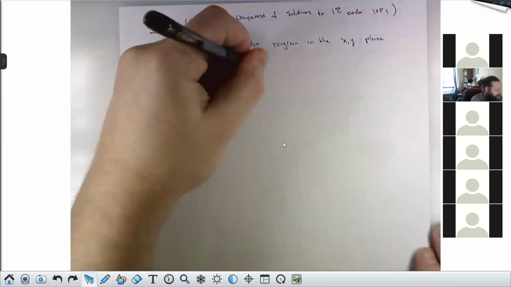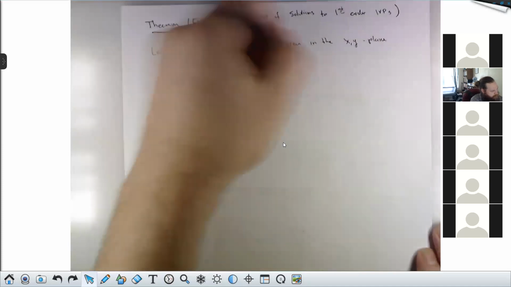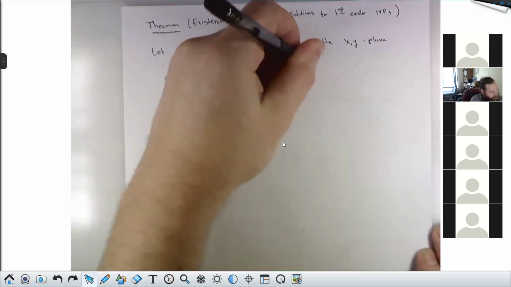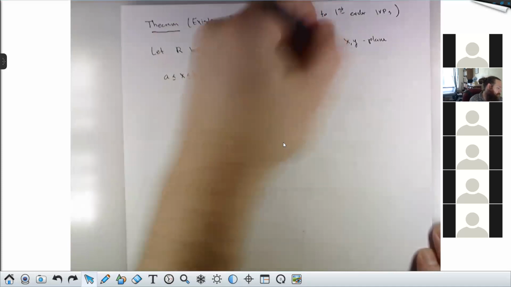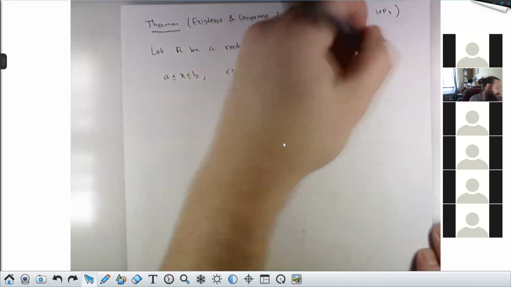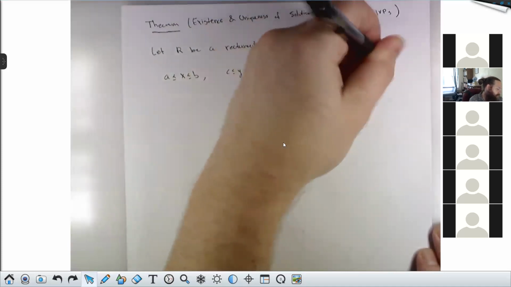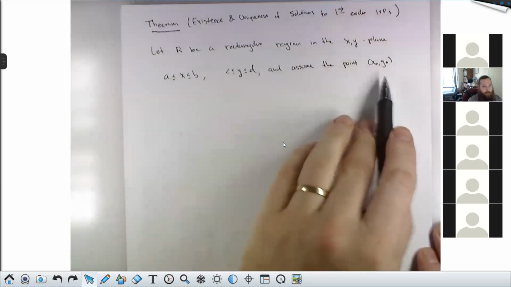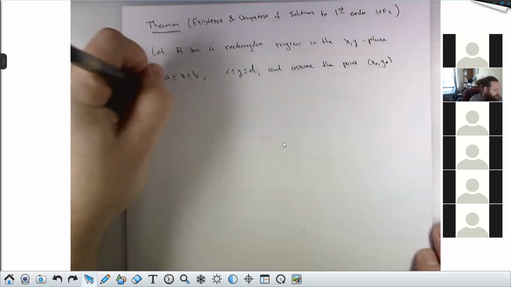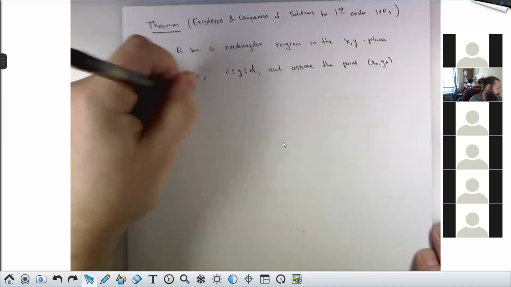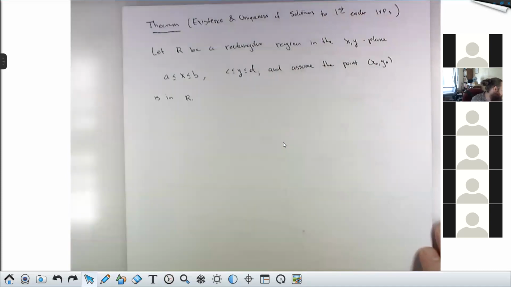And assume the point x0, y0, that initial condition point, is in the rectangle, lies in the interior.